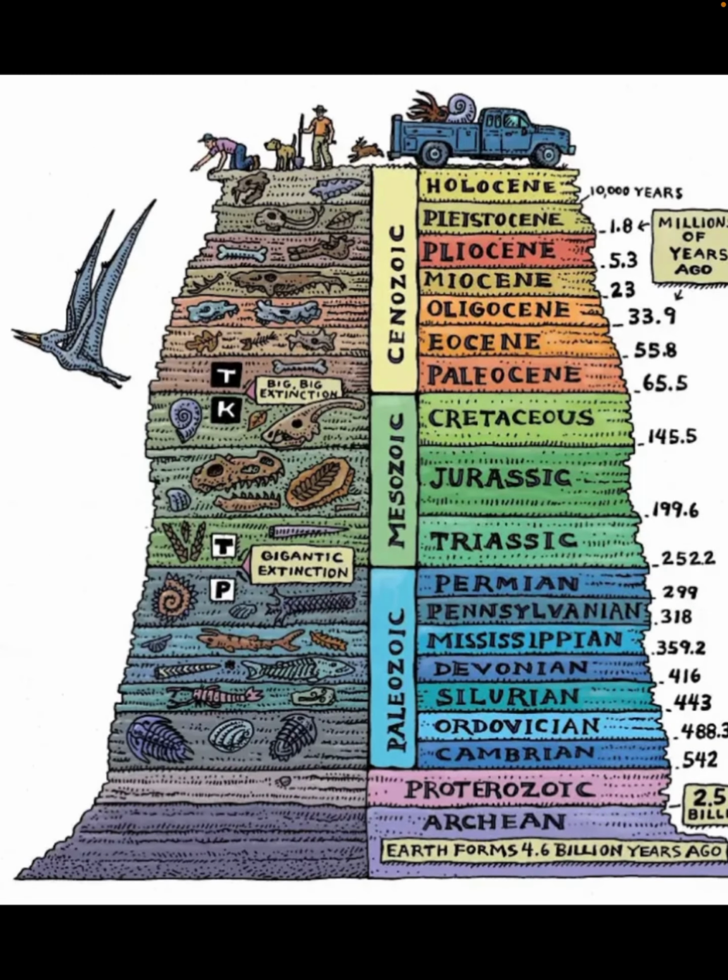What evolutionists believe is that all these sedimentary layers are formed over long periods of time by soil particles getting blown in the air and then getting deposited. But in reality, that's just not really what we see.